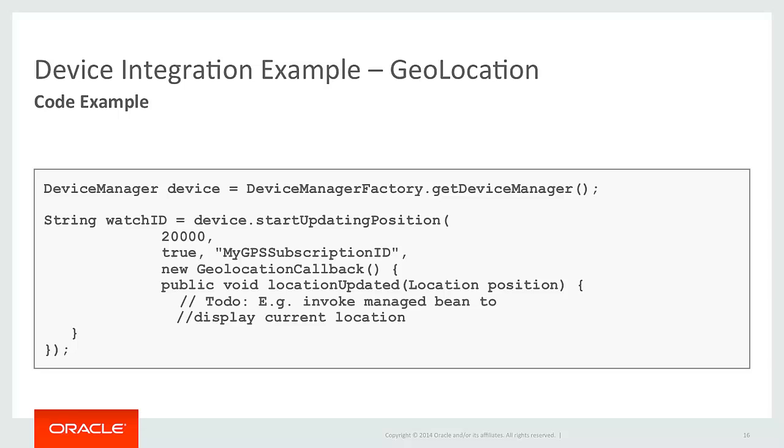So I will receive the position of the location and do whatever I want to do within that little code there. I could write it back to the local database, I can write it back to the server, or just print it on a map, as MAF provides you map capabilities.